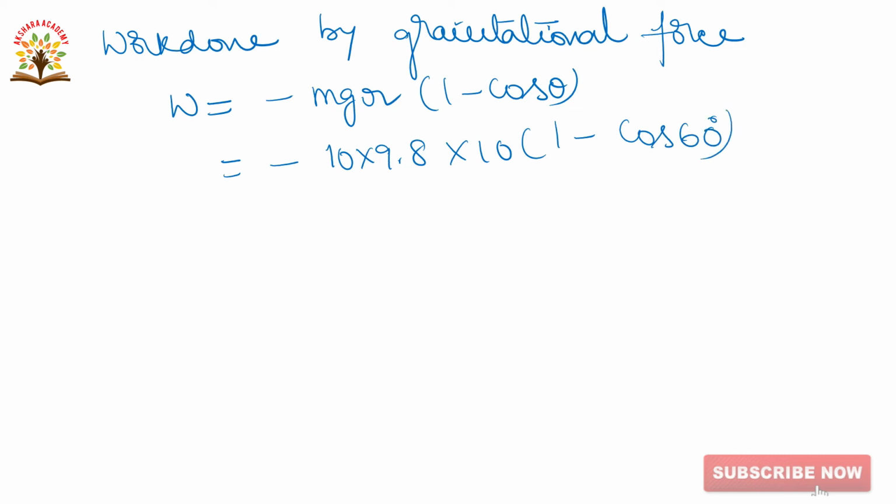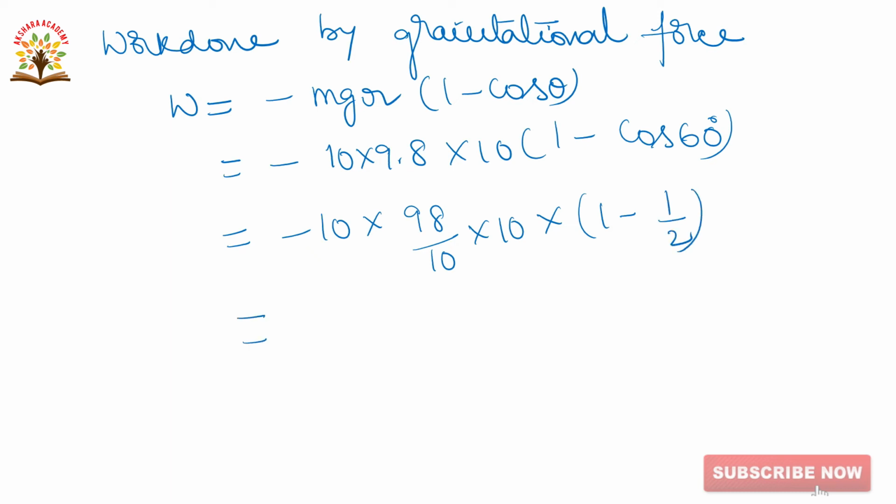So that is equal to minus 10 into 9.8, which can be written as 98 by 10, into 10 into 1 minus cos 60, which is 1 by 2. The 10 cancels, so minus 98 into 10 is 980, into 1 minus 1 by 2.